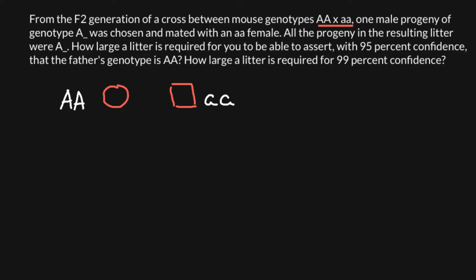If we cross them, in the next generation, which is the F1 generation, we may get different progeny. It's not necessary to show all the possible combinations of the sex of the litter. Let's just take two representatives of this litter.